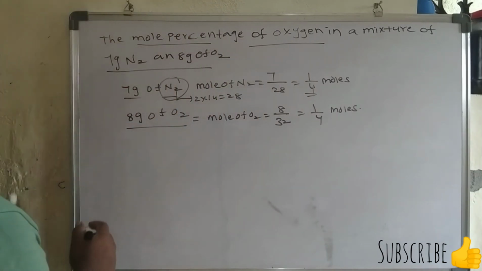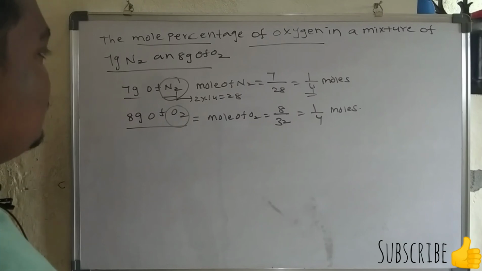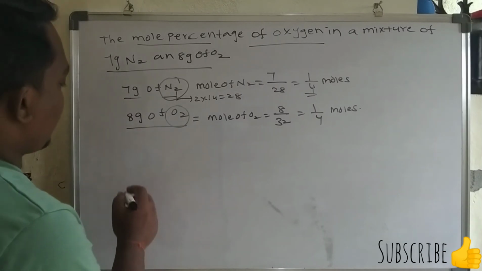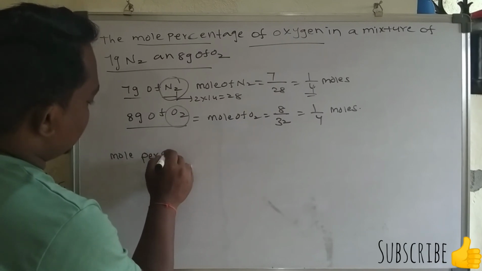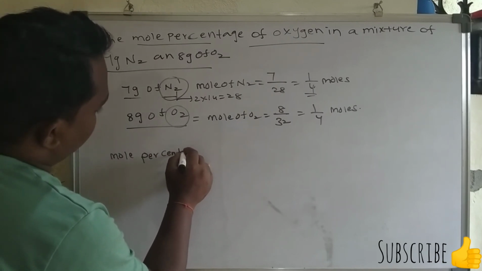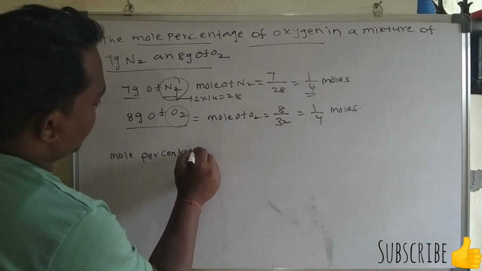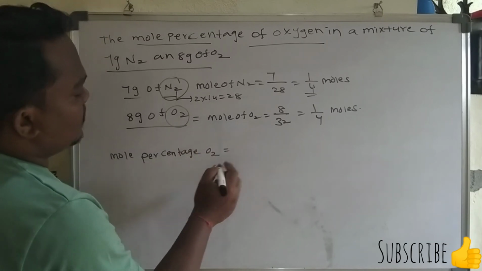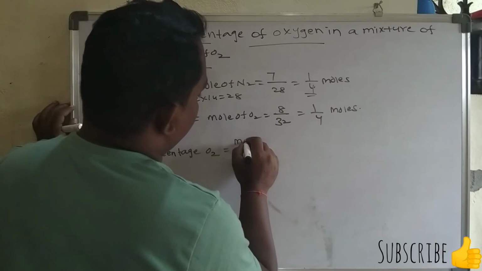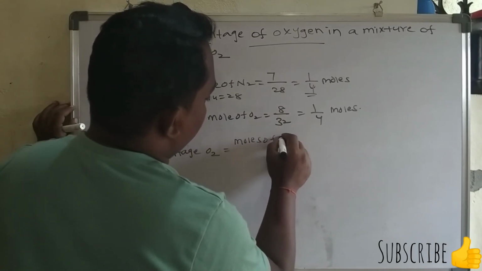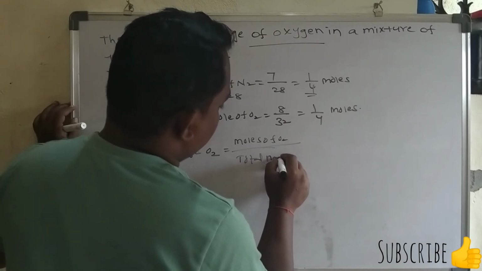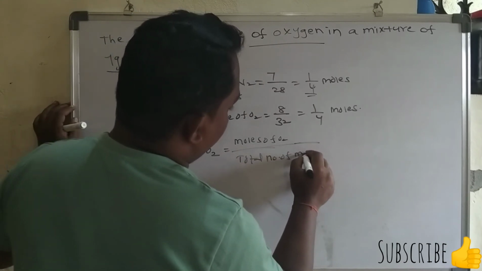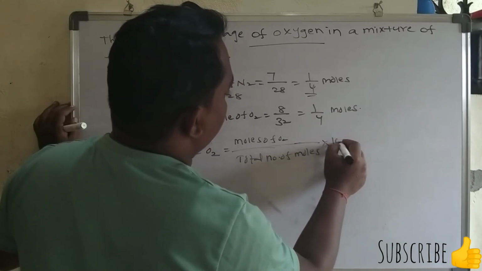Now we have to find the mole percentage of oxygen. Mole percentage of O2 is equal to moles of O2 divided by total number of moles into 100.